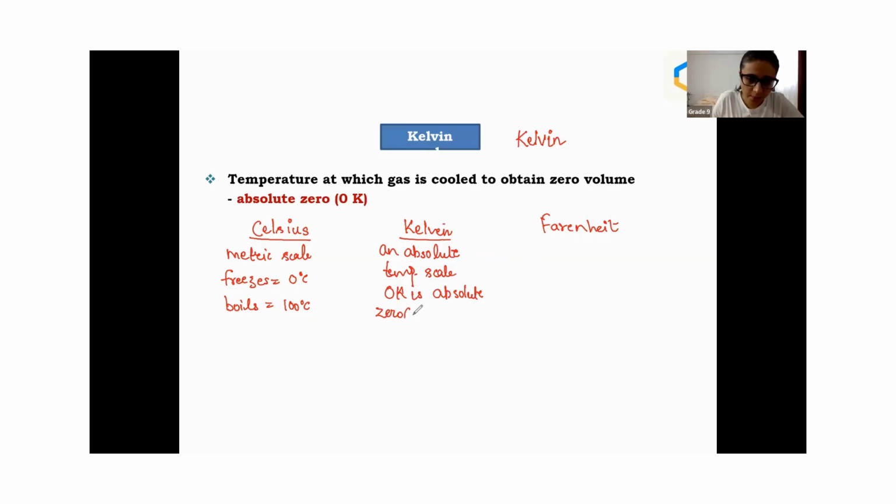In bracket, you can write minus 273.15 degree Celsius. Here water freezes at 273.15 Kelvin and boils at 373.15 Kelvin.